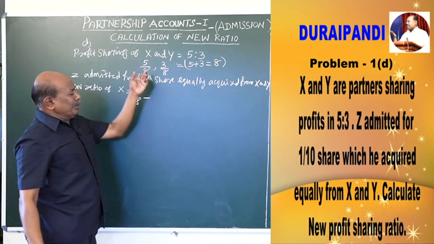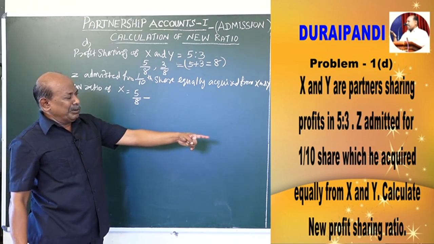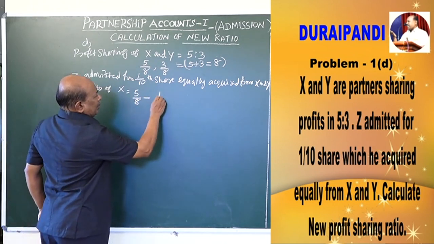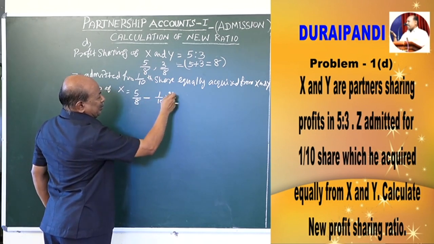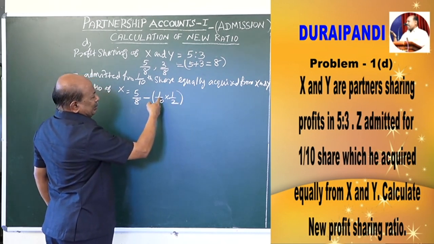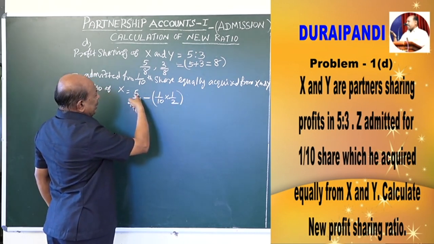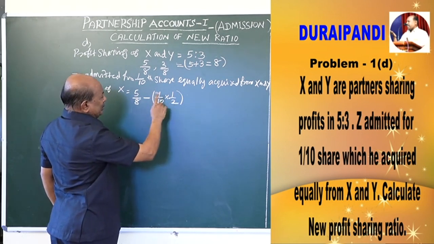He sacrificed half of the 1 by 10th share. That means 1 by 10th into 1 by 2, equally shared by X and Y. That is, in 1/10 share, he has to contribute 1 by 2, half of the share.